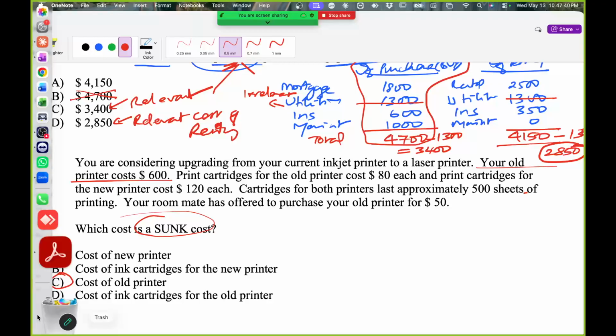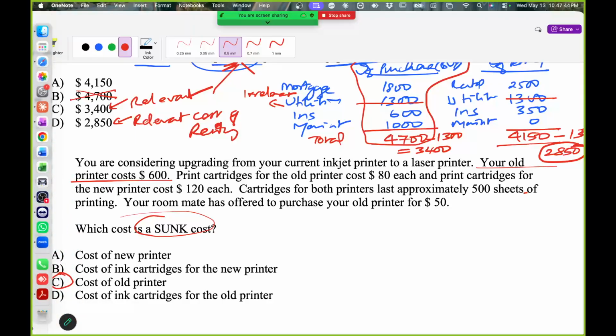Cost of a new printer: if you go and buy the new laser printer, this is relevant. Cost of ink cartridges for the new printer, yes, relevant.